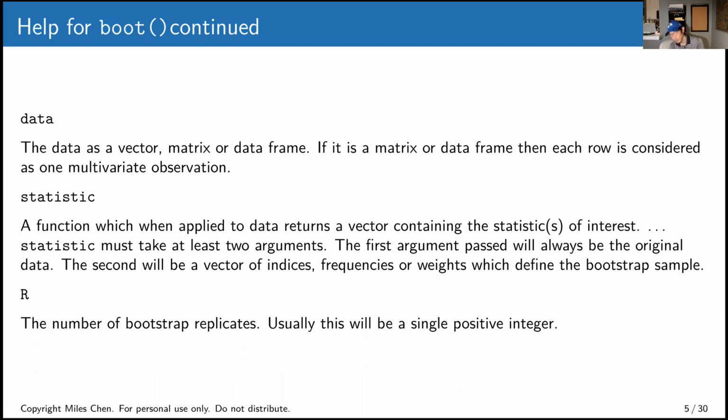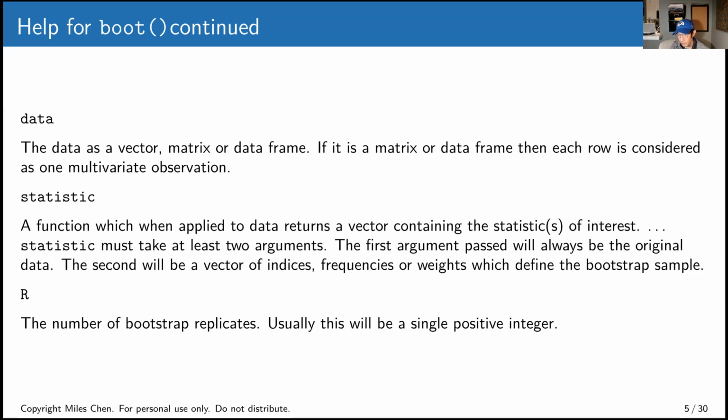It could return something as simple as the mean of your data. It could be something like the 10th observation, a difference between two means, or something like that. The statistic function takes in two arguments: the data and a vector of indices, and we'll talk about how this statistic function works.